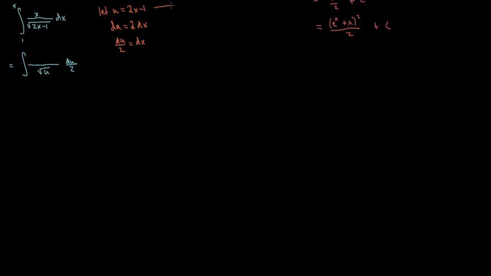So let's see. If we rearrange that, solve it for x, we could say that (u plus 1) over 2 equals x. Okay, so (u plus 1) over 2 equals x. Now we can make that substitution.